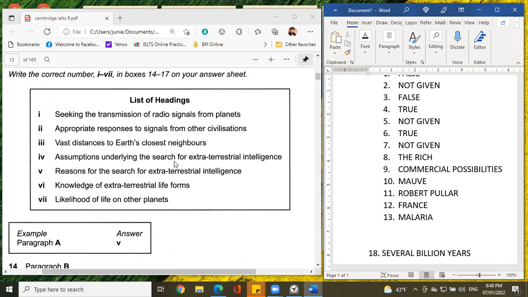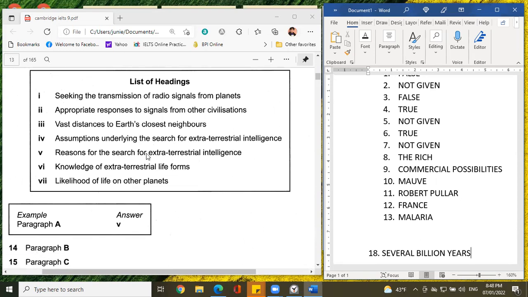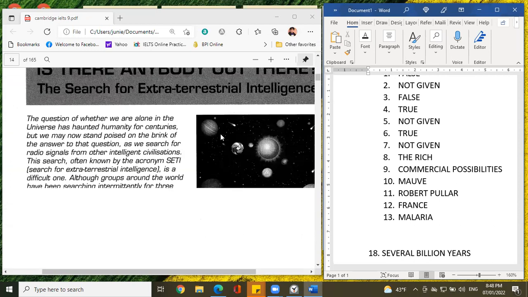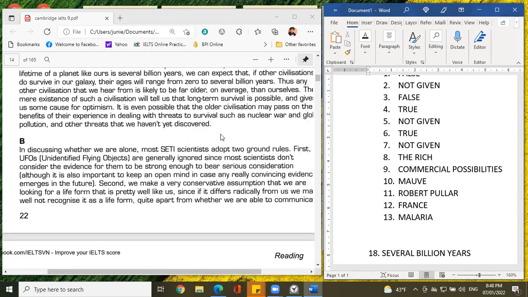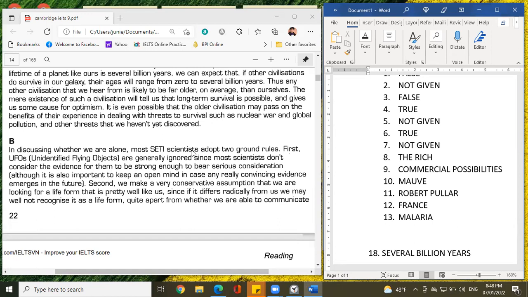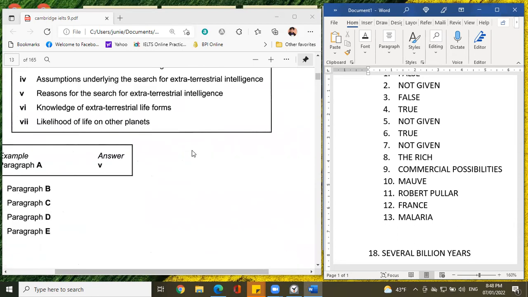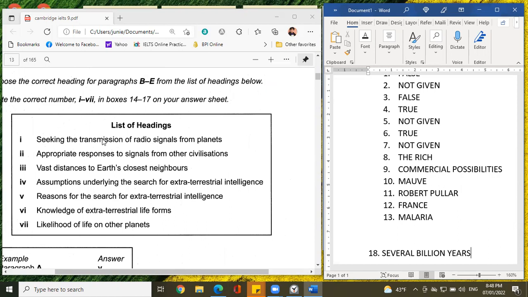Assumptions underlying the search. Reasons for search. Ayun yung 5 reasons. So, wala na yan. Knowledge of extraterrestrial life forms, likelihood of life. It's assumptions underlying the search, assumptions ba yun? Wait. Two ground rules kasi, guys, no? Seeking the transmission, no. Appropriate responses, no. Vast distances, no. Assumptions yun.